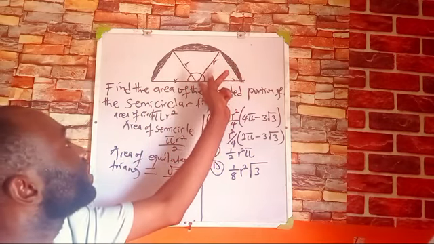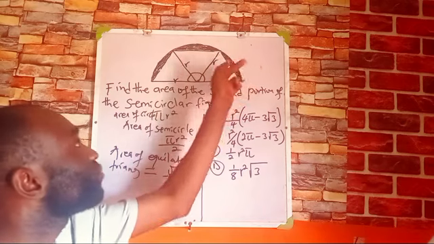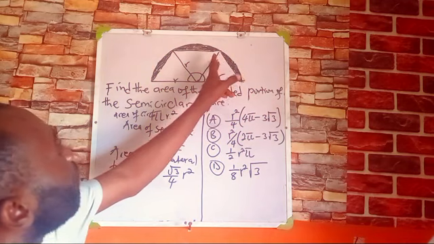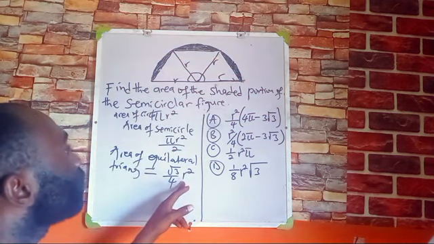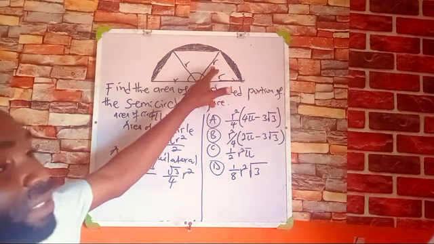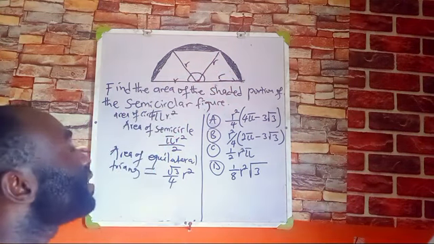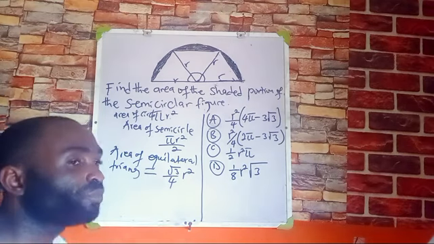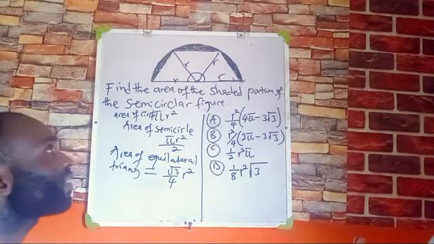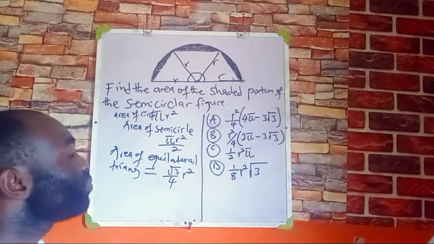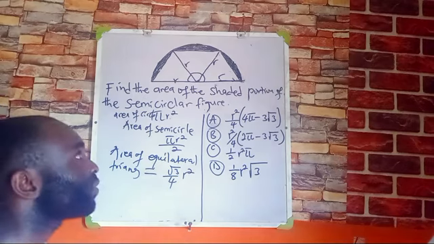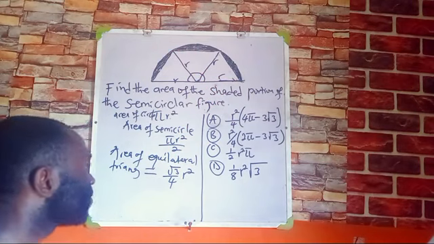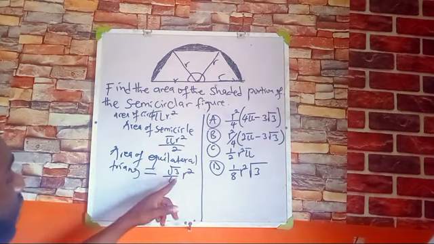All three sides of this triangle are radii, so that is why we are using r. In a situation where the length is not represented in r, we can use the letter that stands for it. It could be a, it could be p, if the diagram is using p. But here we are using r because the length of this equilateral triangle is r. So this is the area of an equilateral triangle.